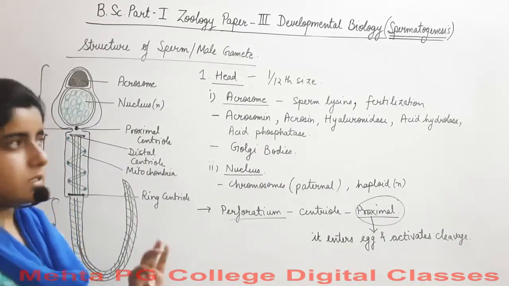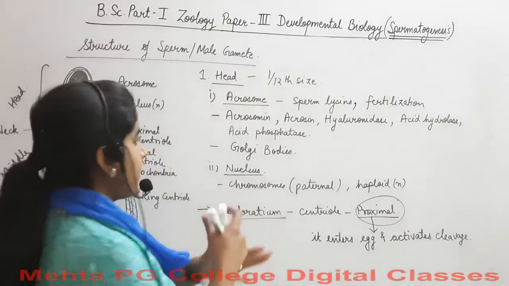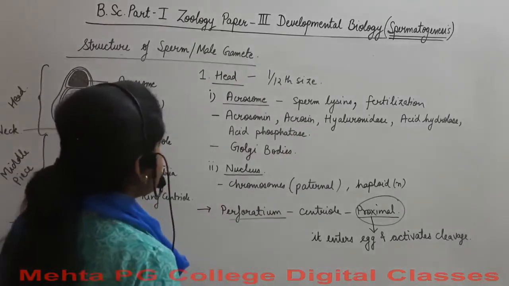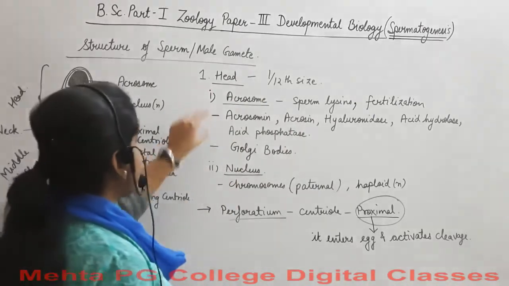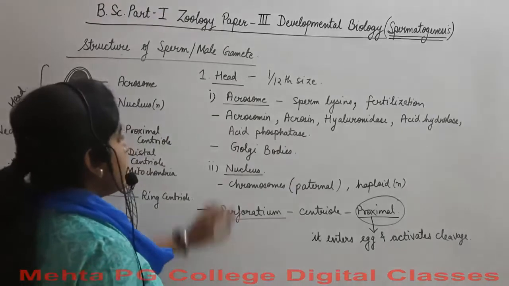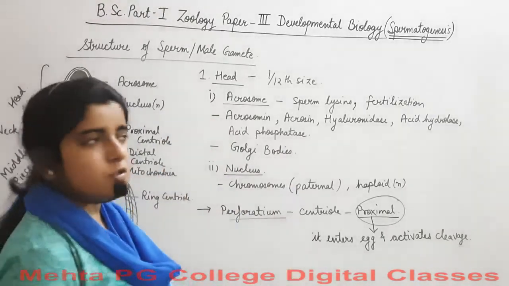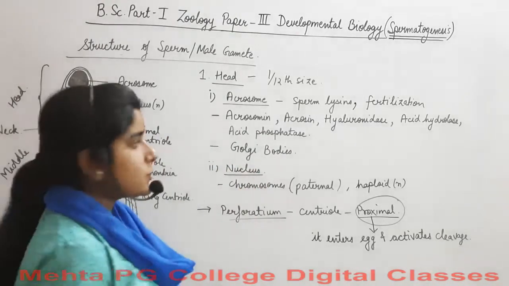So we are very clear that the head region is comprised of two regions, acrosome and nucleus. The acrosome contains enzymes, Golgi bodies help in its formation, and it helps in the fertilization process.